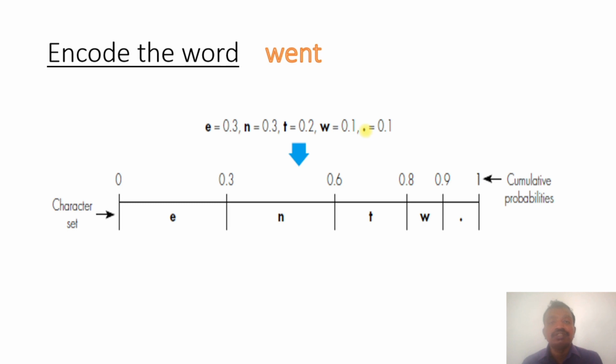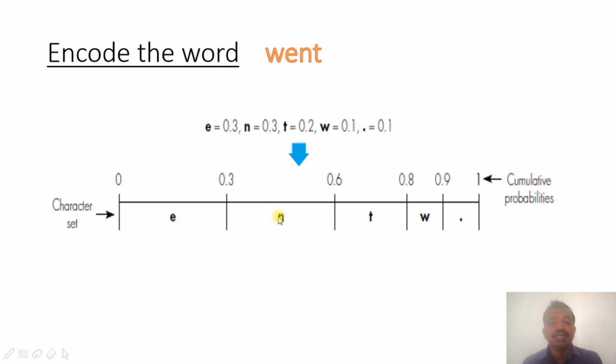Now from this discrete memoryless source, using arithmetic coding, we are going to find the code word for the word BENCH. So first we have to arrange the symbols in cumulative probabilities. First the symbol E occurs with the probability of 0.3, therefore 0 plus 0.3 is 0.3.